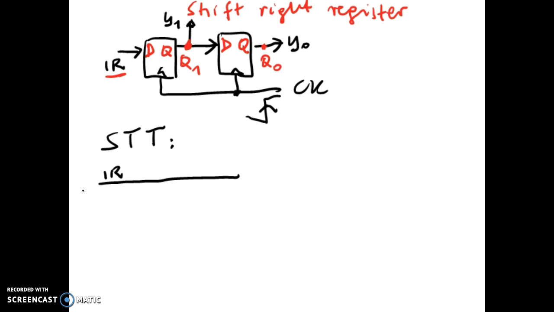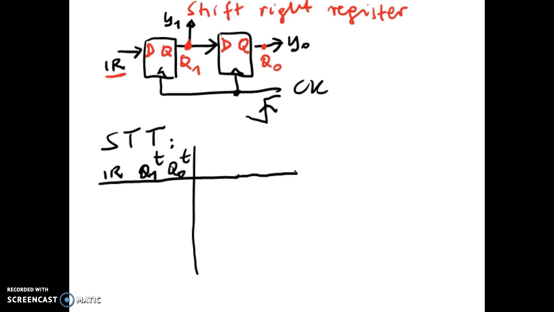It is a single input, IR, not two separate inputs. So input right we can change into something else if you want, but I will stick with this. Q1 of T and Q0 of T are the states, and a single input is input right.